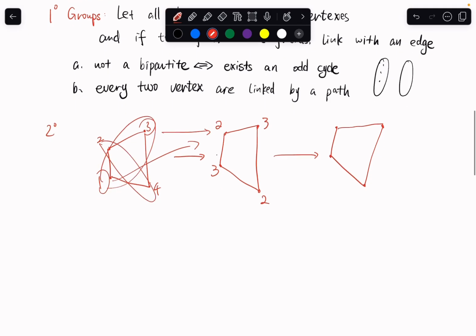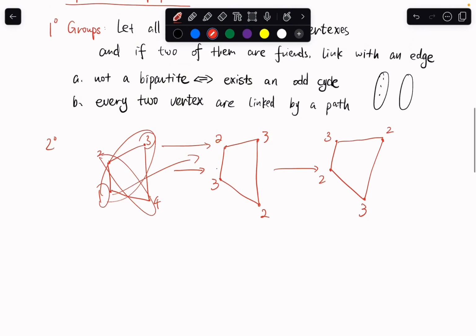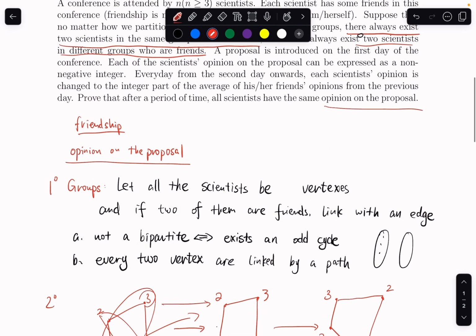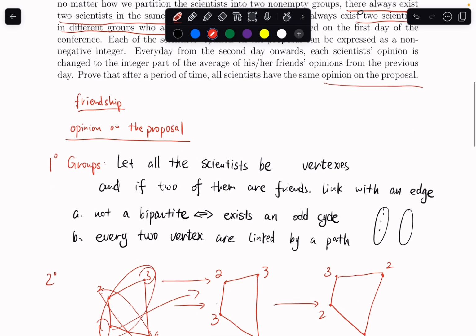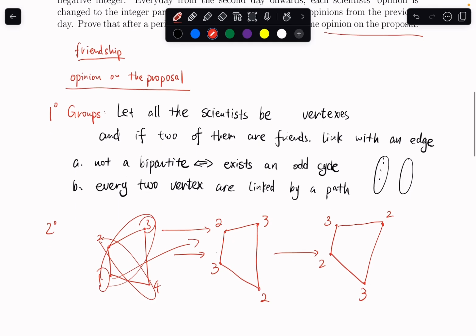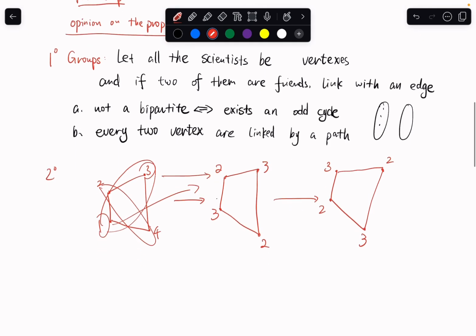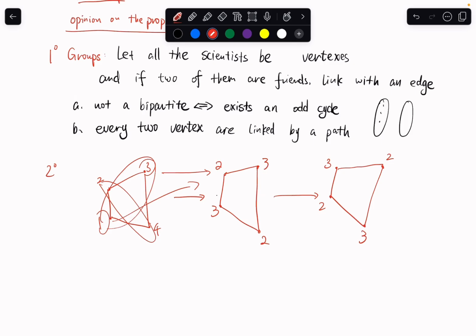I just tell you, and this is one of the keys to this problem, that this doesn't make all the opinions on the proposal the same, because it is bipartite.